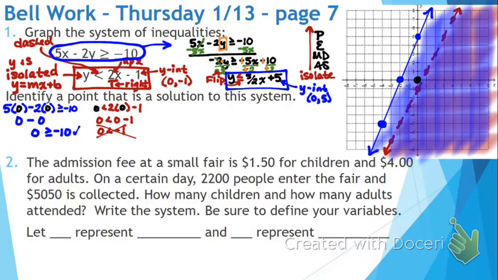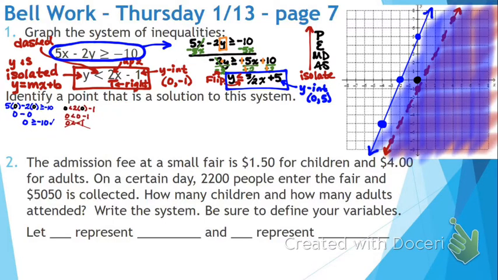I'm still supposed to pick out a point that is a solution to the system. Can you guys give me another point that would definitely work here? 1, negative 1. Let me mark that point. And then we're going to sub it in and test. 1, negative 1, right here. So in my blue inequality, we're going to put what in the place of x? 1.